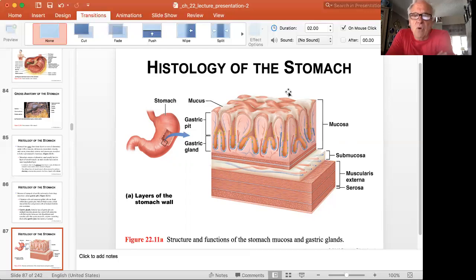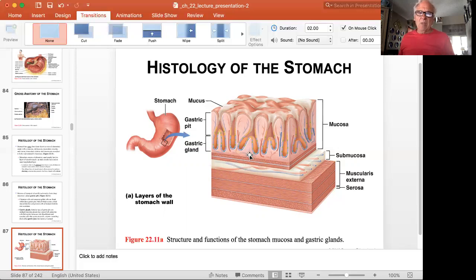Now in the mucosa, we had the muscularis mucosa in the mucosal layer, then the lamina propria, then the epithelium.